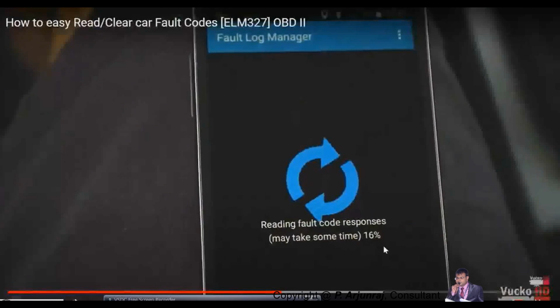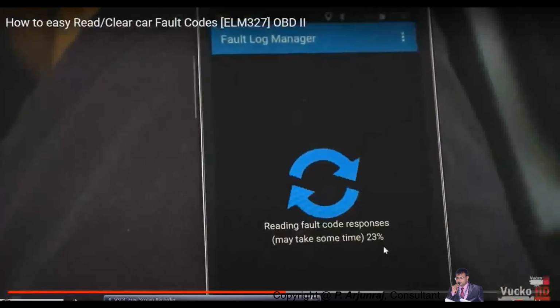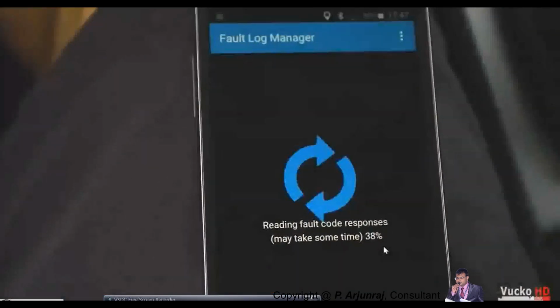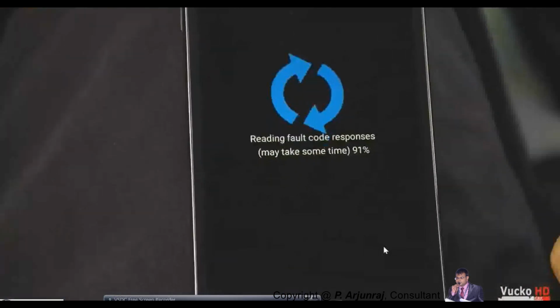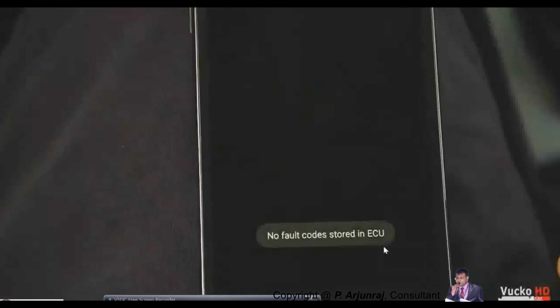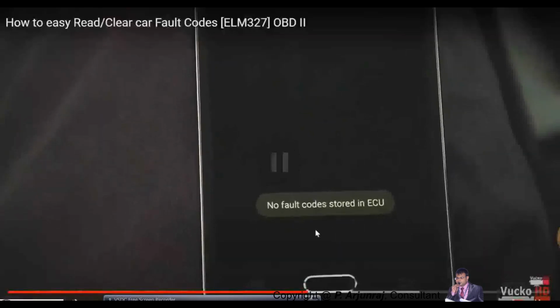It is going to process and will take some time. Here there are no fault codes, which means everything is perfect in this vehicle. If there is any fault code, there are different fault codes which I have told you about, and accordingly you will get an indication.